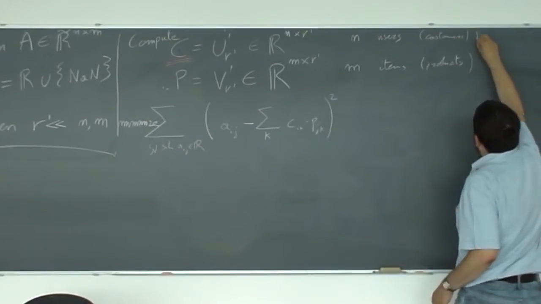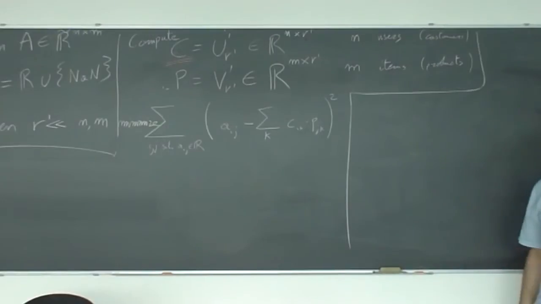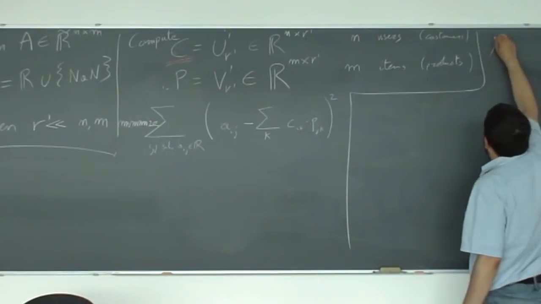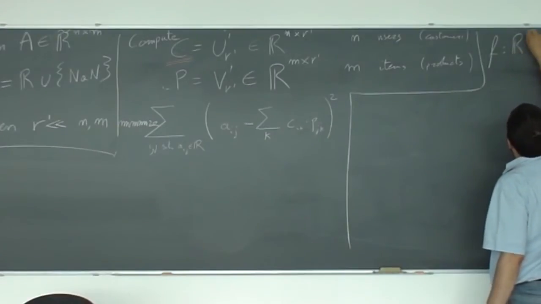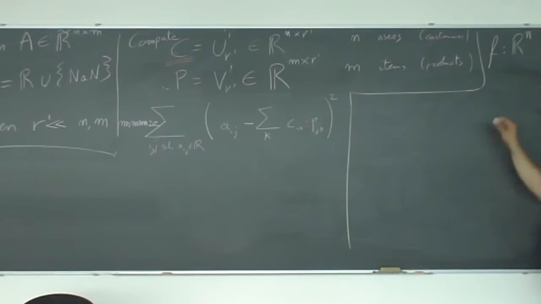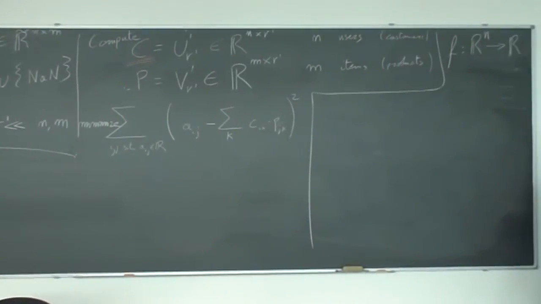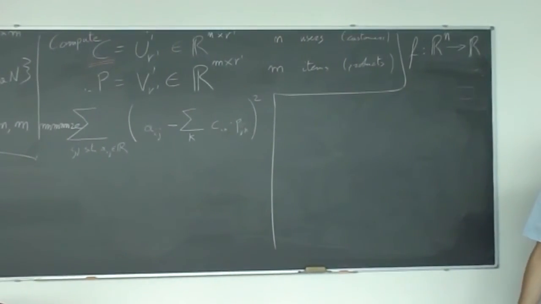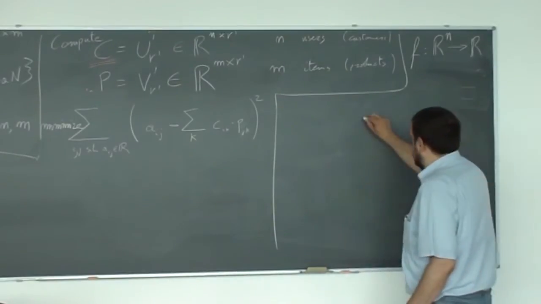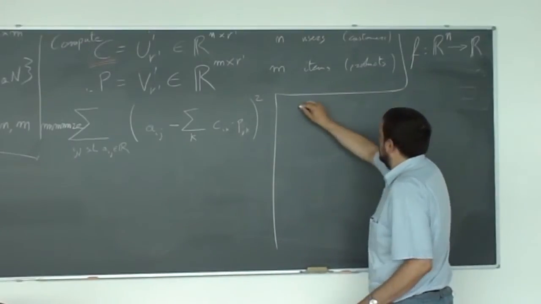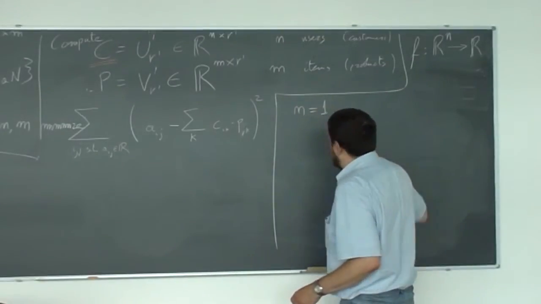Let's make a small analytical digression here. Suppose that you have a function f from a generic n-dimensional real space to the reals, and you want to find a minimum of the function f. Let's look at the simplest case, n equal to 1.